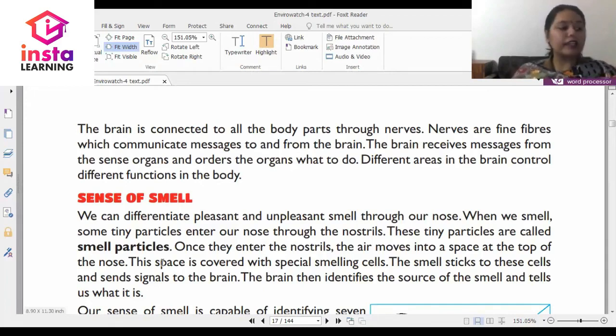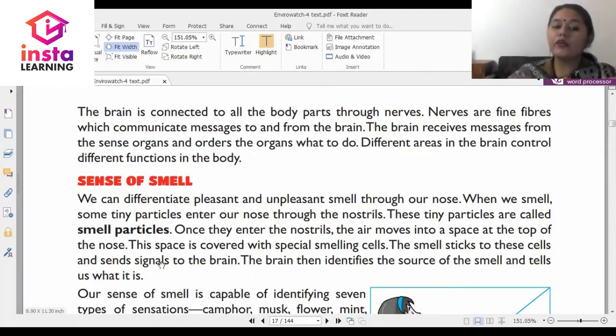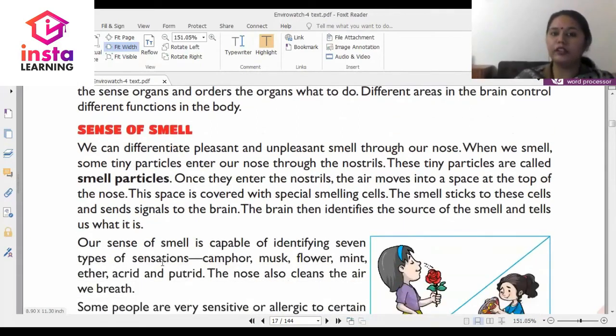So what exactly is happening? Some smell particles enter our nose through the nostrils. Then these particles move up, they get stuck inside our nose, right? And then a message is sent to our brain that tells us that this is a pleasant smell, or an unpleasant smell, or a stingy smell, or what kind of smell it is, and then we react accordingly.